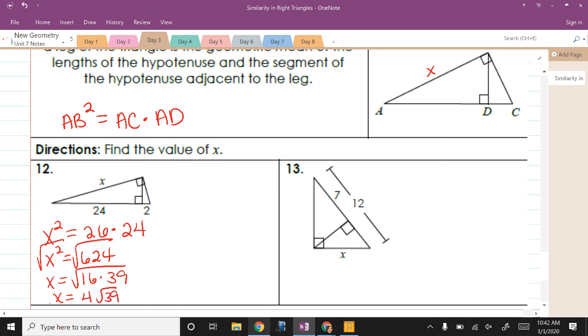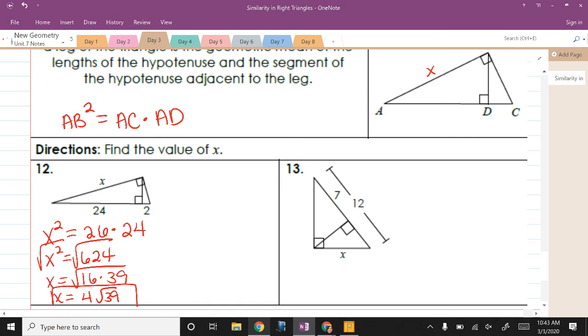And you would think with a big number like 39 that it would simplify. But like I said, 39 is 3 times 13, which are both primes. So since those are both primes, and there are no other numbers between 1 and 39 that go into it, it will not simplify anymore. Okay? All right, good job.